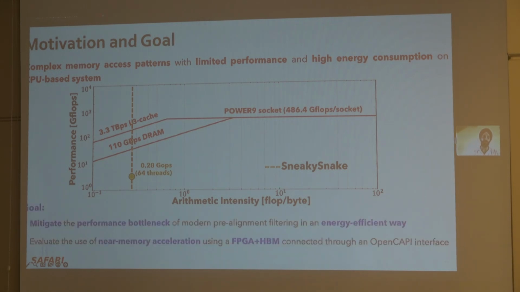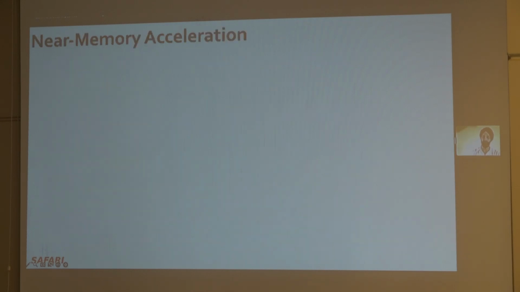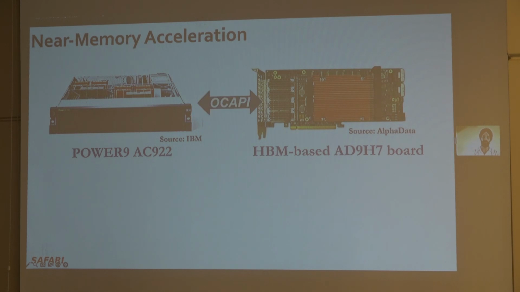So our goal in this work was to mitigate the performance bottleneck of modern pre-alignment filtering in an energy-efficient way. We also wanted to evaluate near-memory acceleration on real hardware using state-of-the-art interfaces like OpenCAPI. So in this work, we built the first near-memory pre-alignment filtering accelerator using an actual system, where we have a POWER9 system connected to an HBM-based FPGA board.